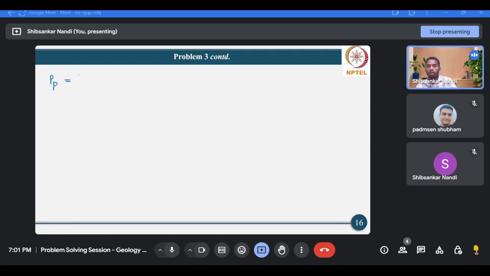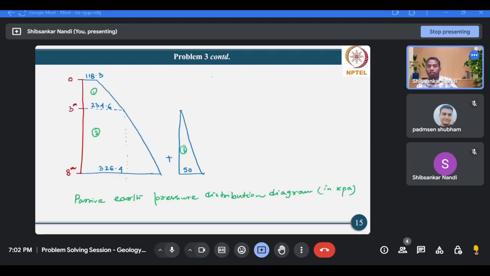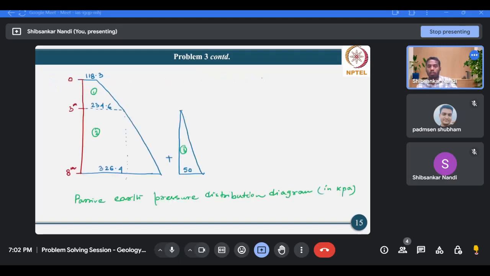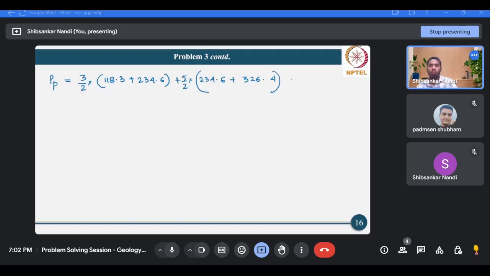For the trapezium 1, it's 3 by 2 multiplied by 118.3 plus 234.6. Then for the lower trapezium, it's 5 by 2, because the height is 5 and the two sides are 234.6 plus 326.4, plus the triangle, half into 50.